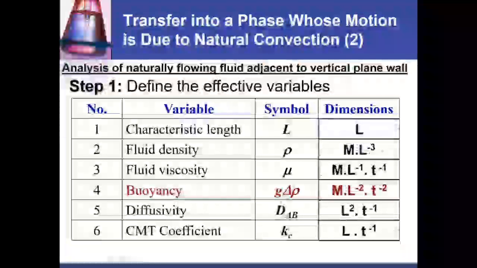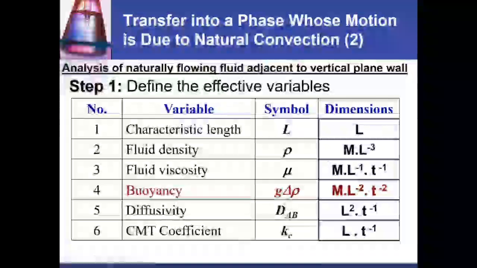So the dimensions here: L, M times L to the power minus 3, M times T to the power minus 1, and the buoyancy is mass times L to the power minus 2 and T to the power minus 2. For all the old numbers, we just change d to L, because we have a plane, not a circular pipe, and we change the velocity with this one.